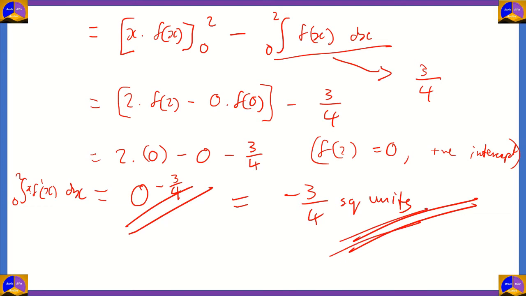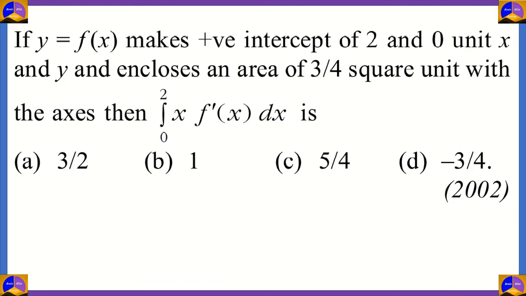So the correct answer of integral 0 to 2 x times f dash x dx is, in this case, option D, that is minus 3 by 4. So for this question asked in 2002, it's important to use integration by parts and also to use data from the question in order to make your life simpler.